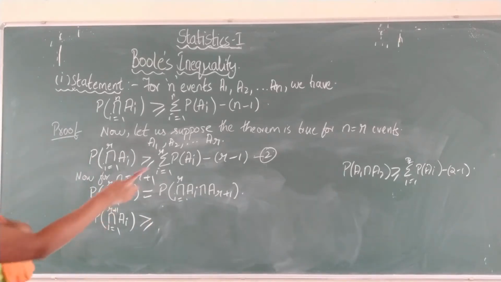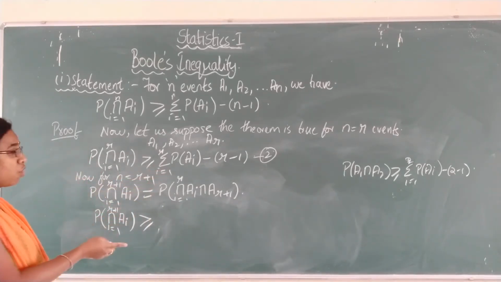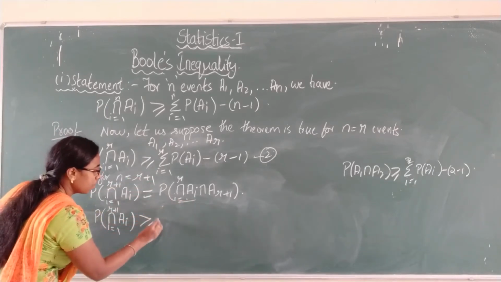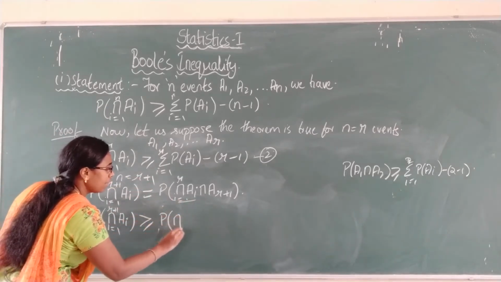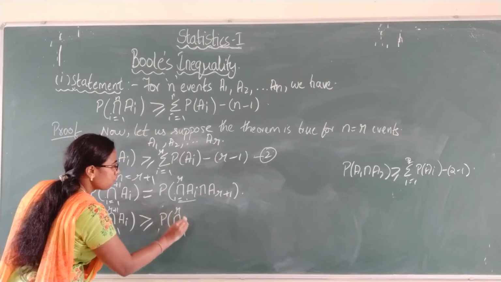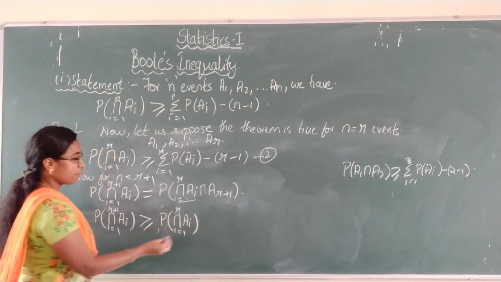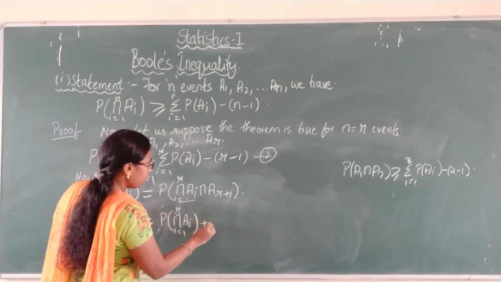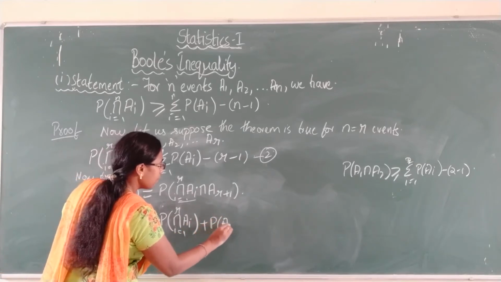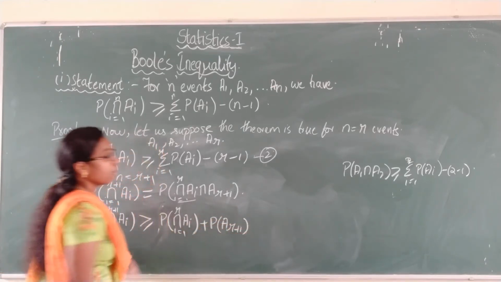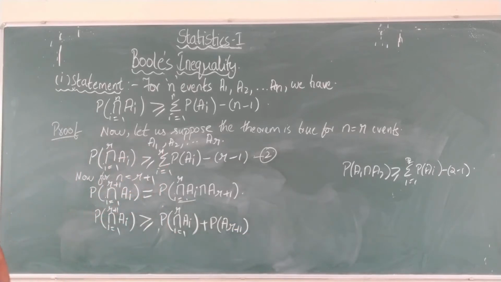So that can be written as P of A1 plus P of A2. This P of A1 means the intersection i equals 1 to r of Ai. This P of A2 means P of A r plus 1, minus 2 minus 1. You can simply write minus 1.